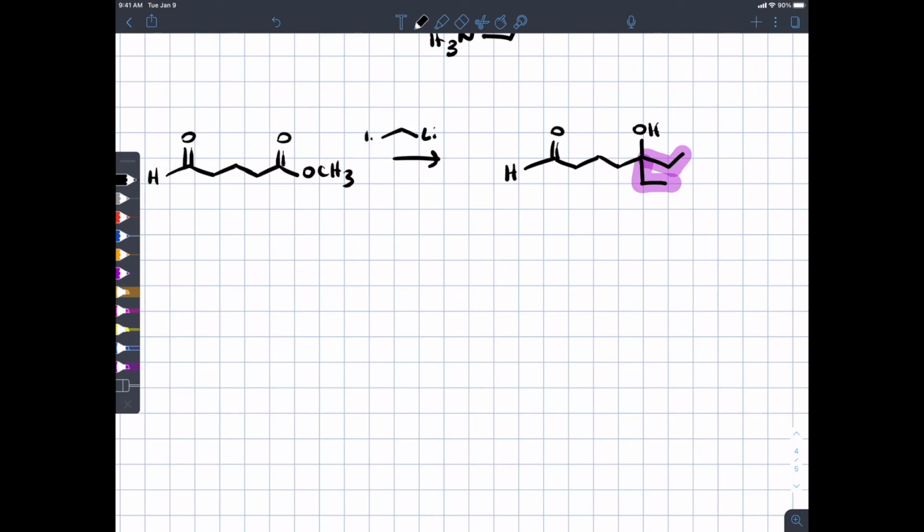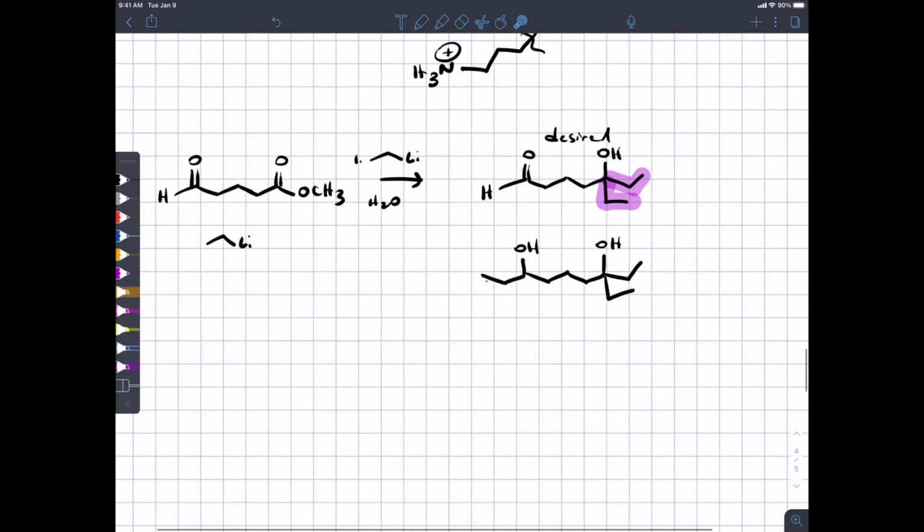Your first inclination might be, oh sure, this is easy. Let's just use an organolithium reagent. The problem is organolithium reagents can react both with esters and with aldehydes. So likely, instead of the desired product, if you try this reaction directly, you make not only the tertiary alcohol, but you convert the aldehyde into the secondary alcohol, because lithium reagents are not selective for esters over aldehydes.